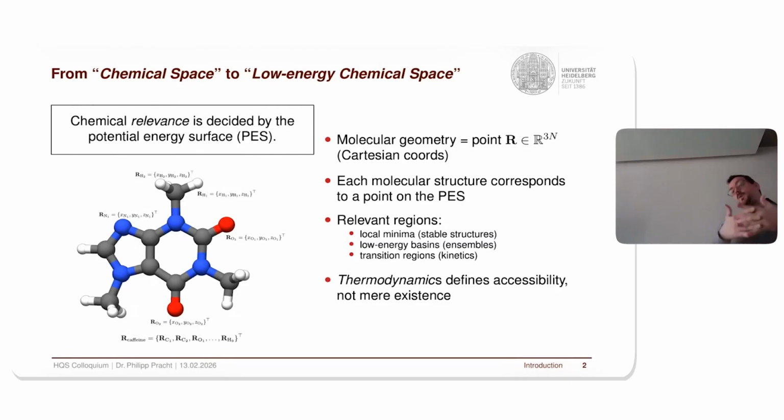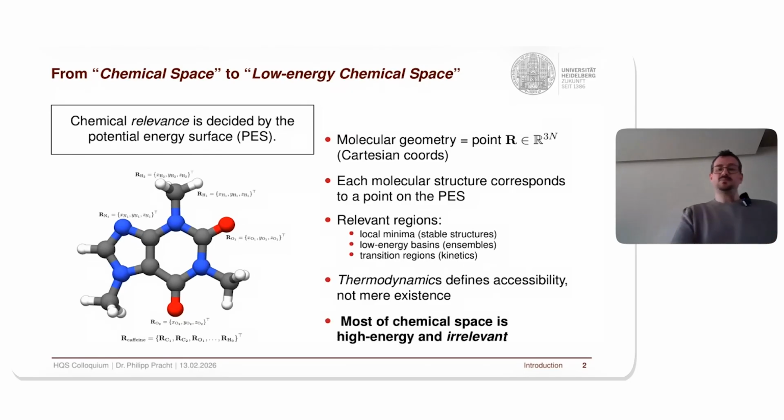And sometimes, depending on what you are asking for, you are also looking at transition state regions, so saddle points on the potential energy surface. Furthermore, the shape around the minima on the potential energy surface helps define the molecular thermodynamics of a molecule. So the accessibility, not just the existence.